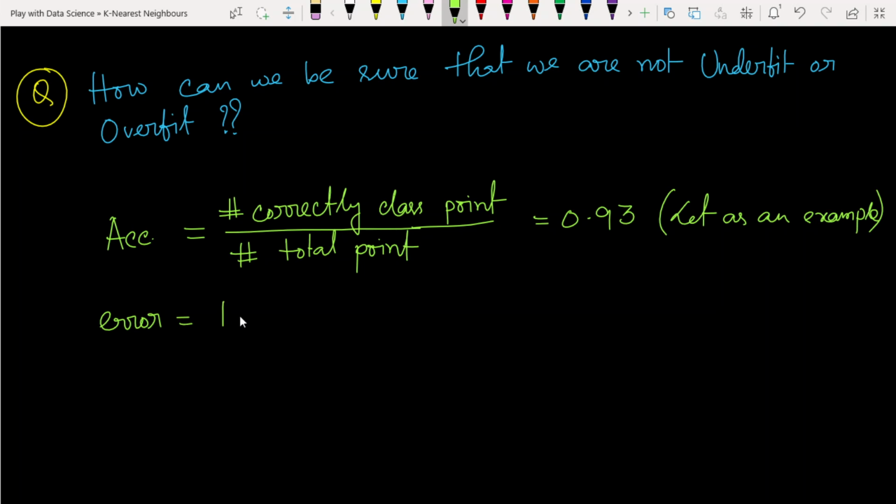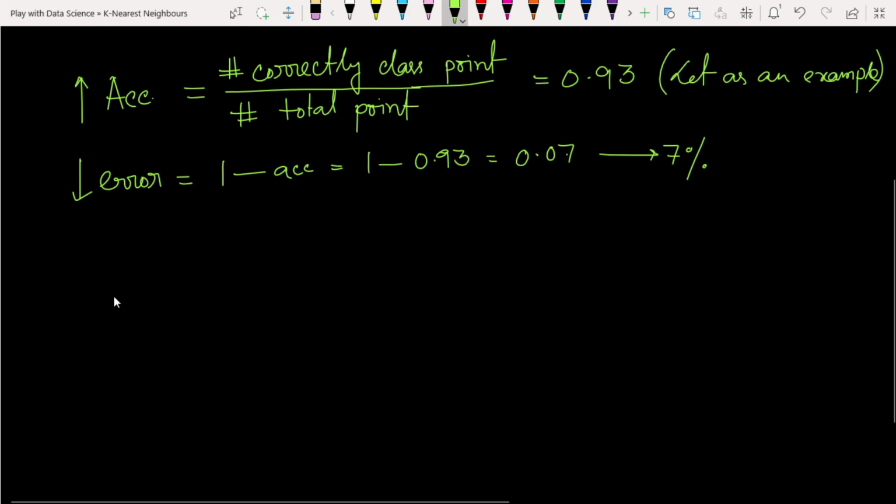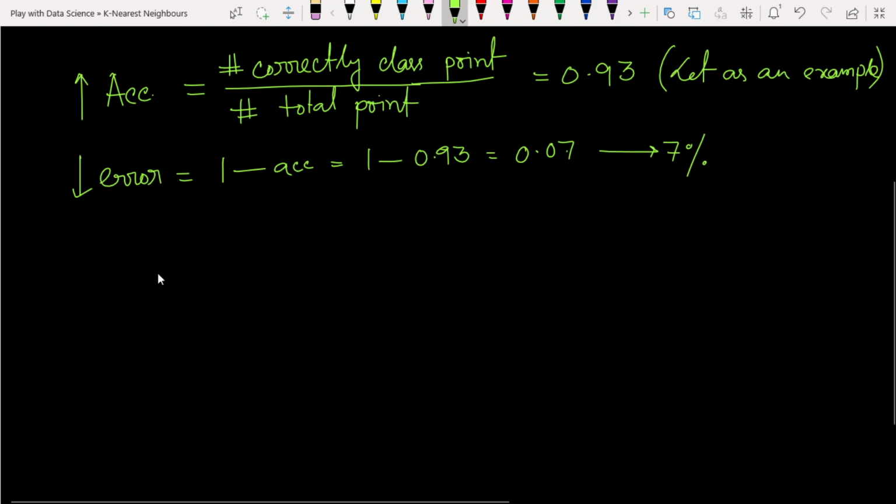In this case the error will be 1 minus accuracy, that is 1 minus 0.93, which is 0.07, meaning the error is 7%. And what we are interested in doing is increasing the accuracy of a model and decreasing the error of a model. This is the job we are doing.